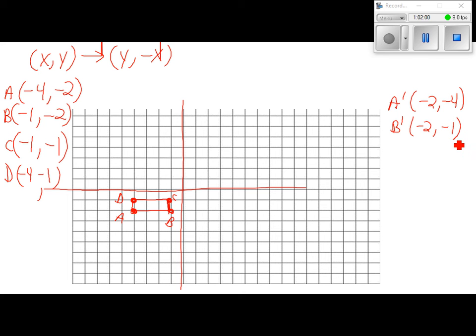-2, -1. Letter C is -1, -1. D is -1, -4. Did you see me switch it?